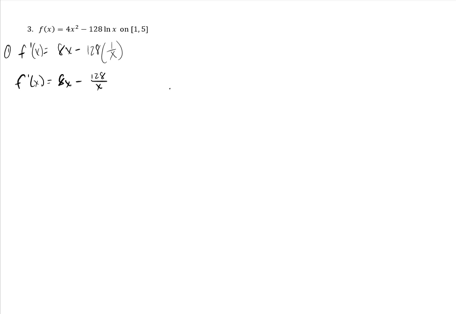Okay, so now I've got, let me get my pen, it switched on me. Let me put it in blue. So now what I need is to get a single fraction with this portion right there.